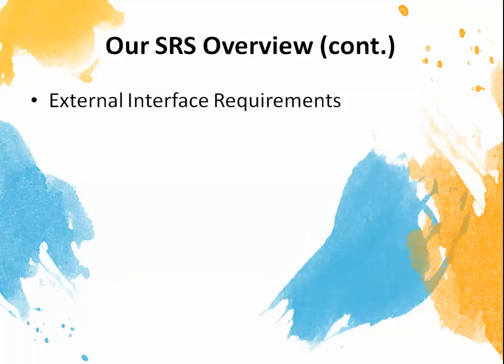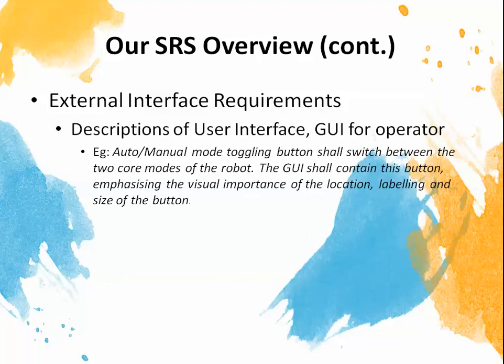And there's another section which is external interface requirements, which basically describes the user interface, the GUI for the operator. Here there's an example listed, describing the auto/manual mode toggling button, which allows the operator to switch between auto and manual mode for control over the robot.